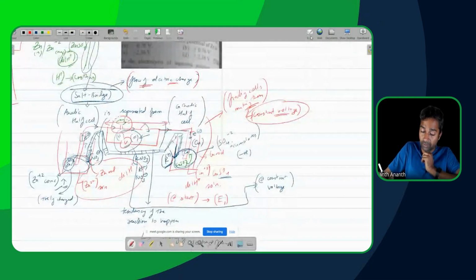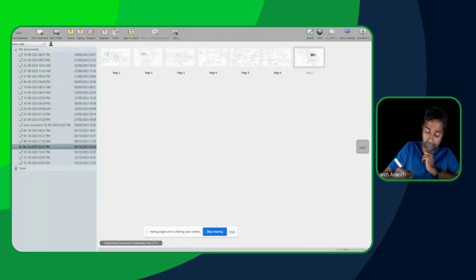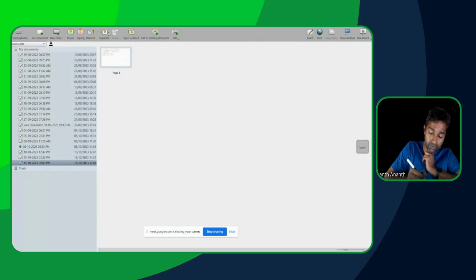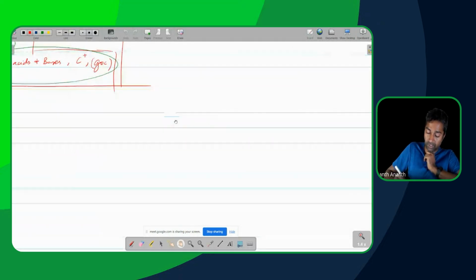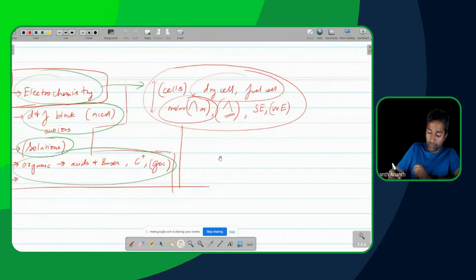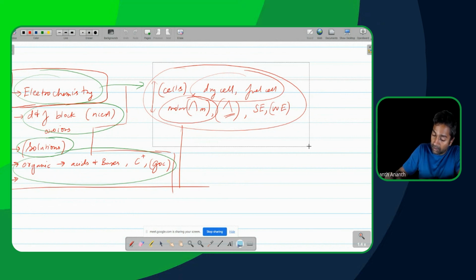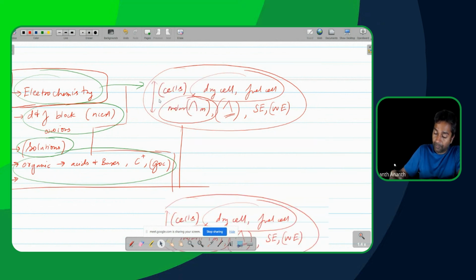Let's quickly have a look at this. Open and board. So the topics you mentioned were dry cell, fuel cell. So let's start talking about, let me just cut this part out and stick it there. Okay.